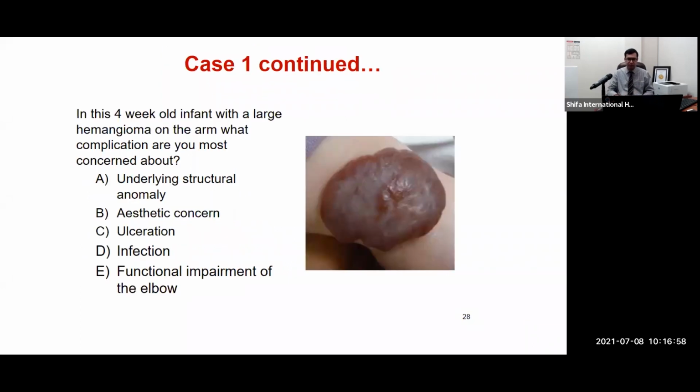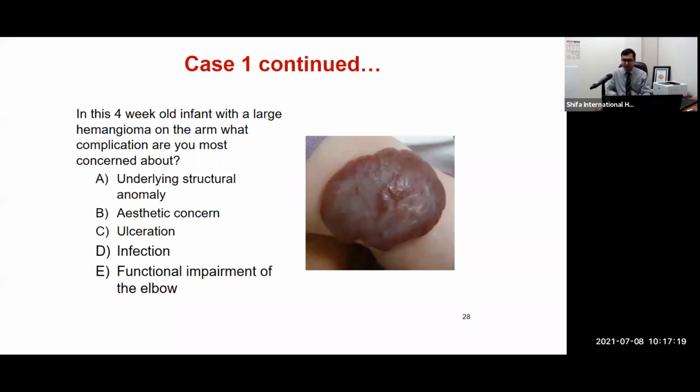Now, let's talk about the other case. Well, it's the same case, but other points relevant to the hemangioma. You can see in this 4-week-old infant with a large hemangioma on the arm, what complications are you most concerned about? Now look at the photograph. What do you see?